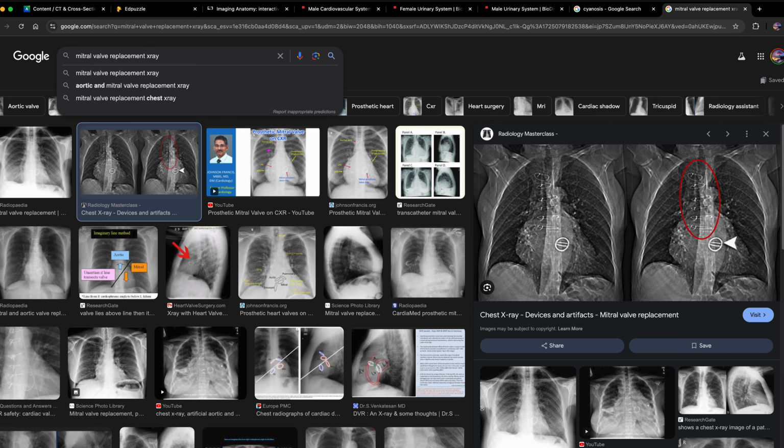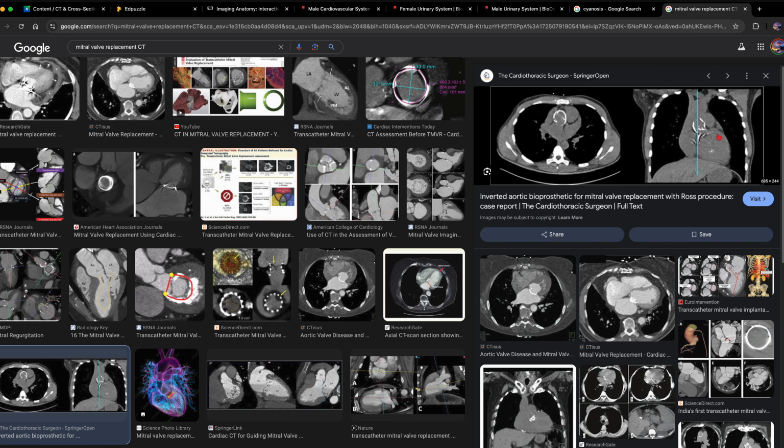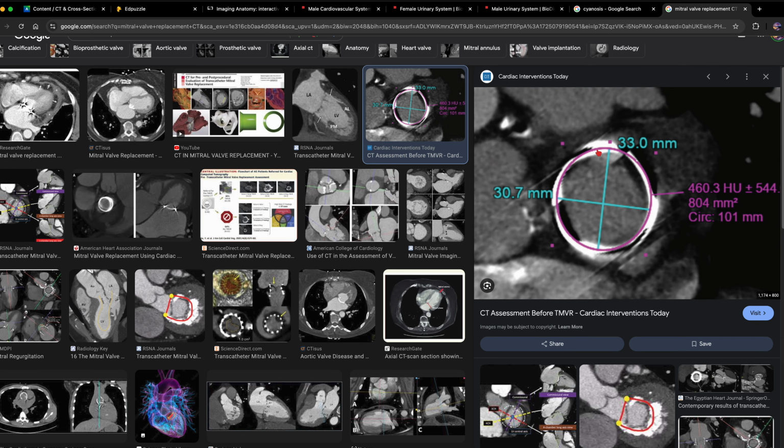And if we do it on CT, you can also see it. Let's use this one. Let's see if I can find a nice one. Yeah, you can see it here on CT. This one, and you can see it here too.